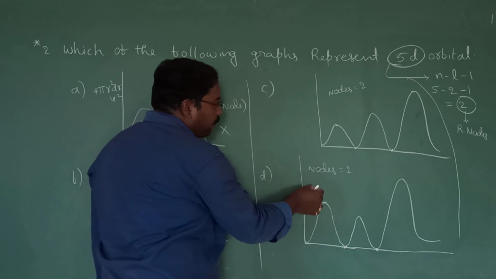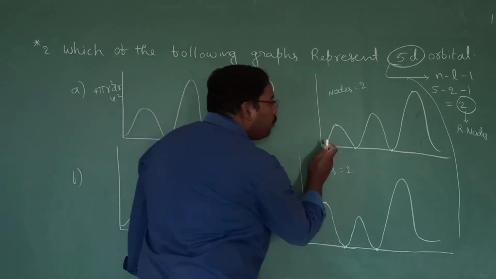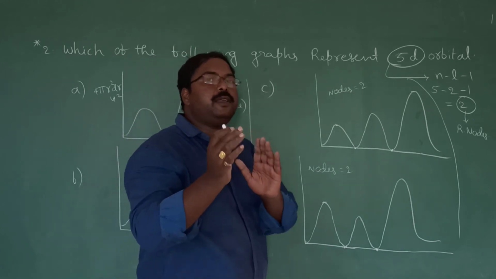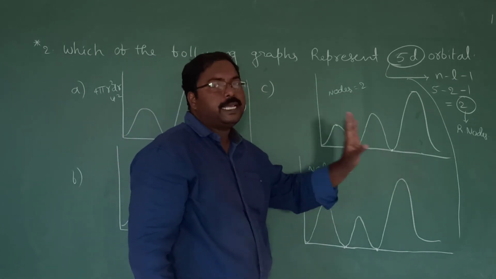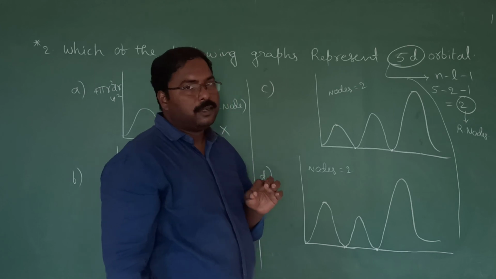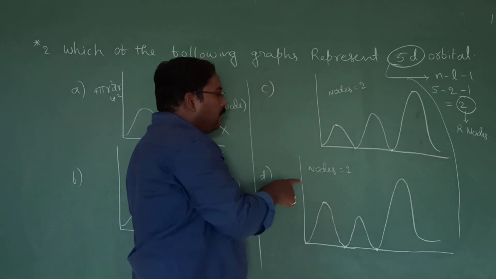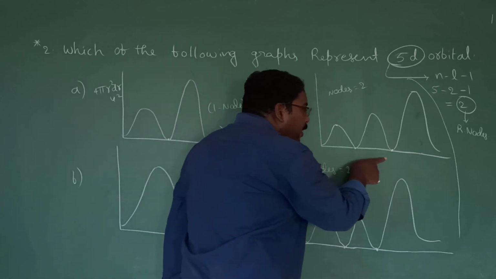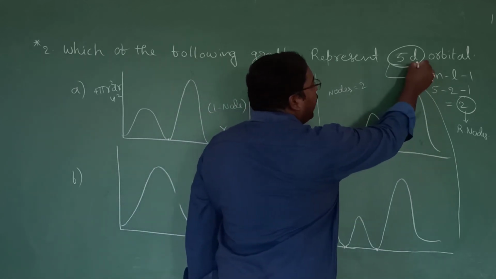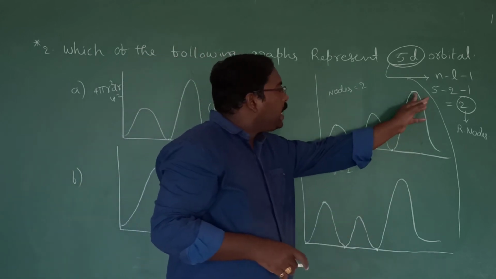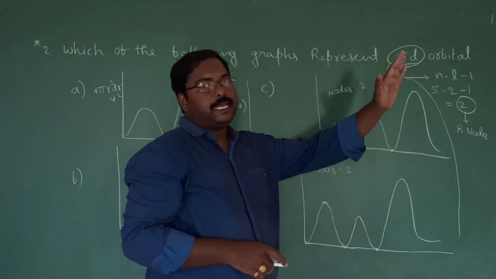When you are moving away from the nucleus, for understanding purposes I said first orbit, second orbit. Don't think like that. Okay? It is the distance from the nucleus. When you are moving away from the nucleus, for an electron present in a 5d orbital, the probability increases.